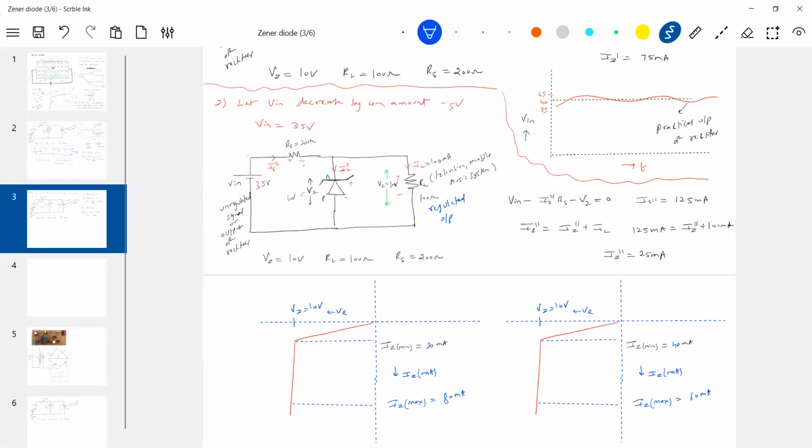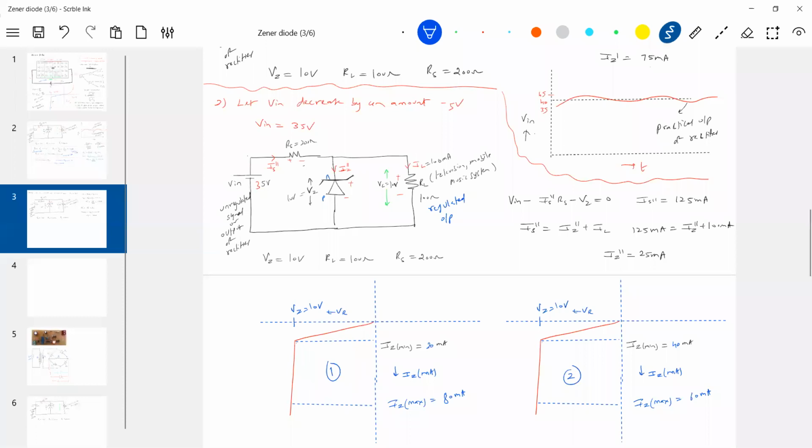Tell me, which Zener diode will you prefer for this particular condition? The first one or the second one? What is the problem with the second one? What is the minimum current it can withstand? 40 milliamp. But what is the minimum current here? It is 25 milliampere. So it cannot regulate. The second Zener diode cannot regulate.